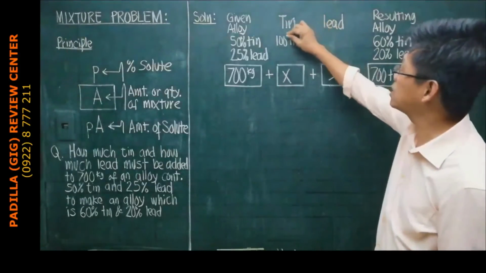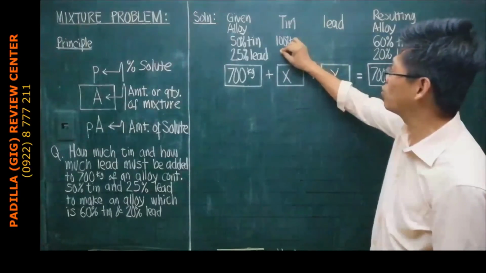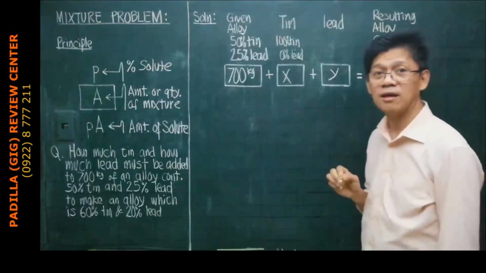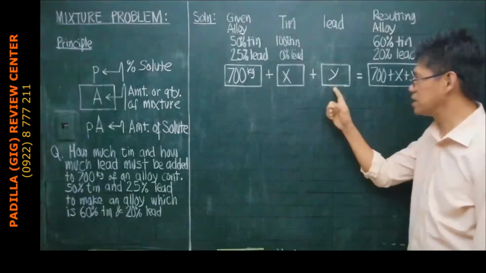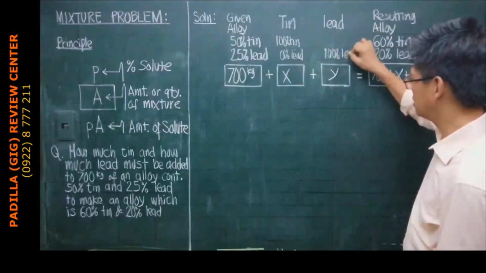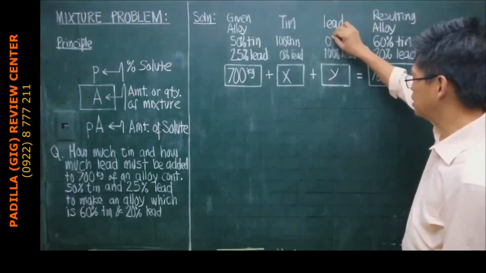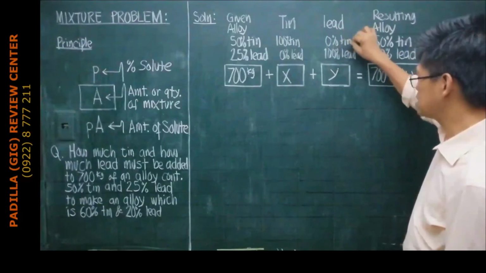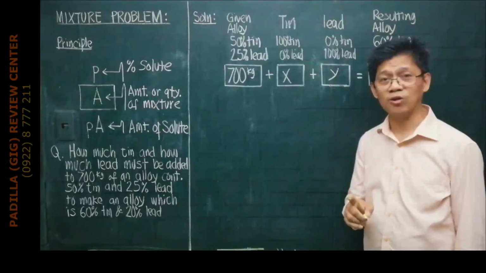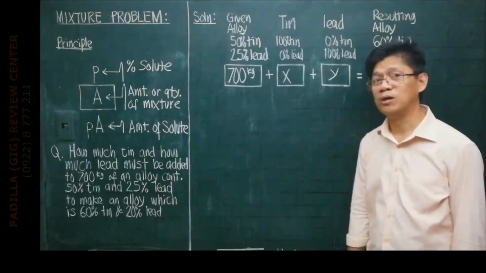So, this is 100% tin, so that's why this must be 0% lead. By the same logic, this is lead, so this must be 100% lead, and thus, this must be 0% tin. Now, the key here is to write or define the amount of solutes.